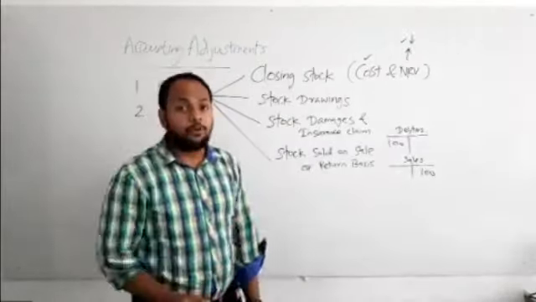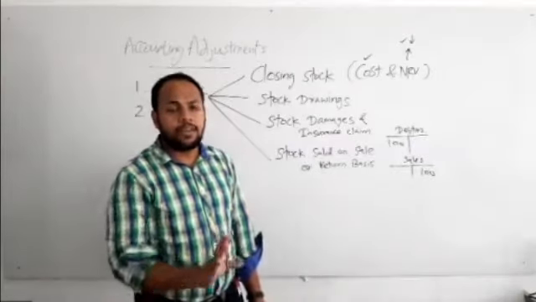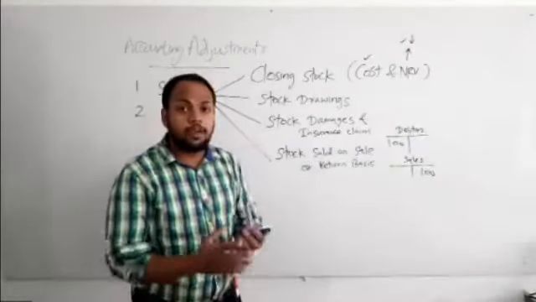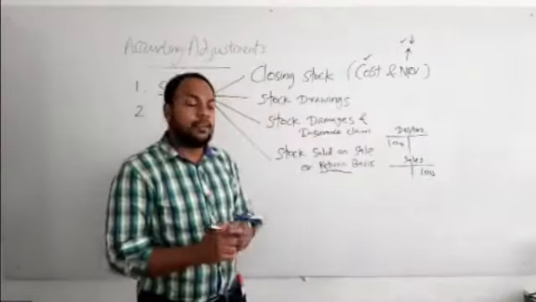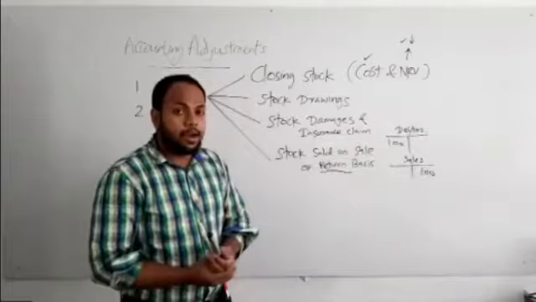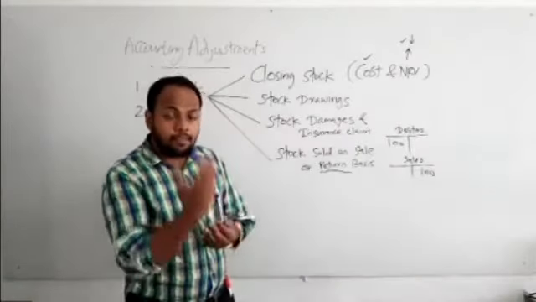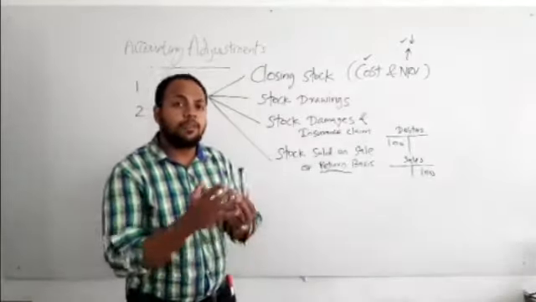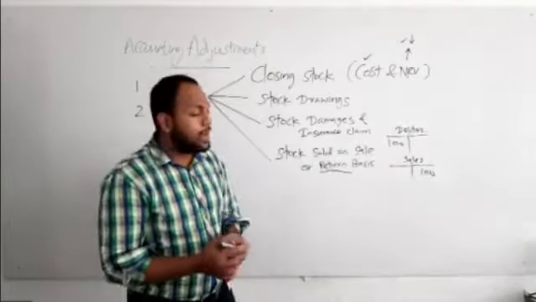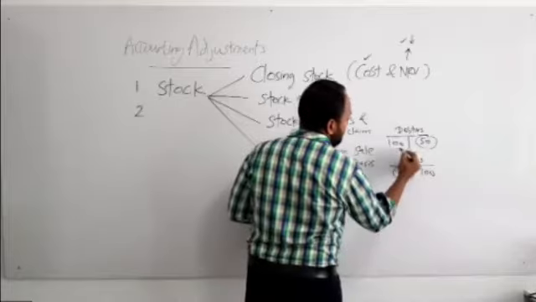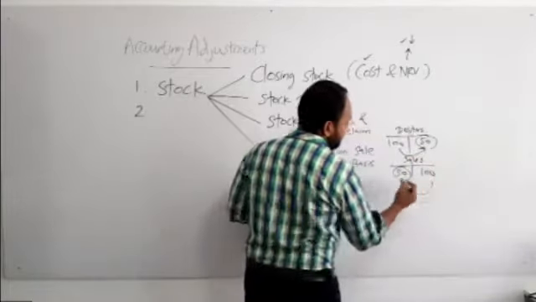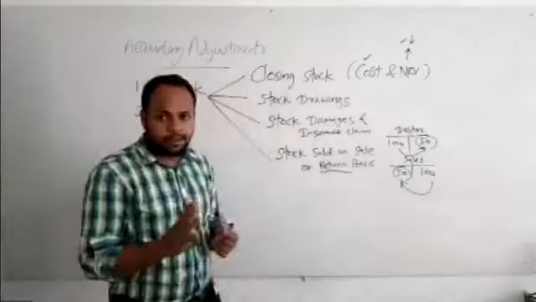But if it is not sold, then what happens? Still, the stock is remaining. It's returned. Remaining stock is returned. Let's say we sold 100, and there is a remaining stock of 50. 50% is remaining. So that should be deducted from the debtors and from the sales. I will explain this later.